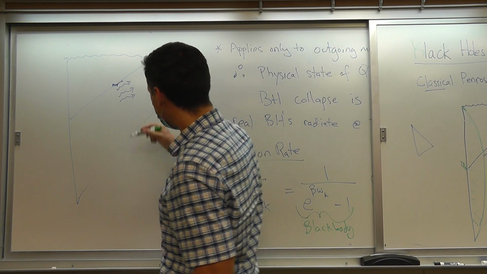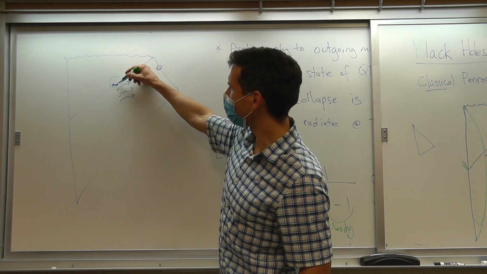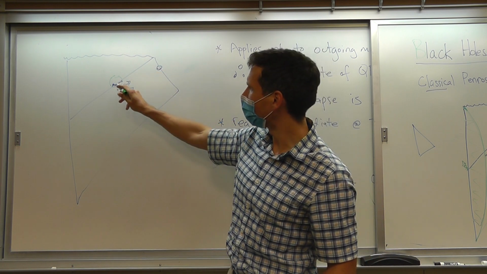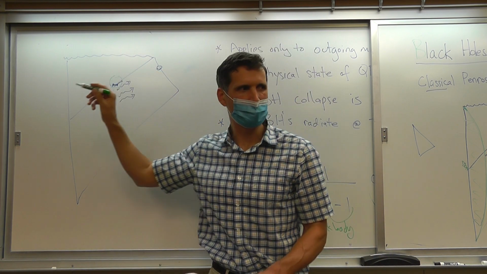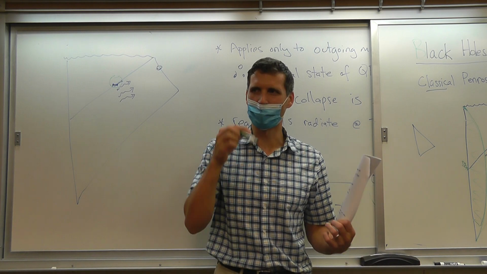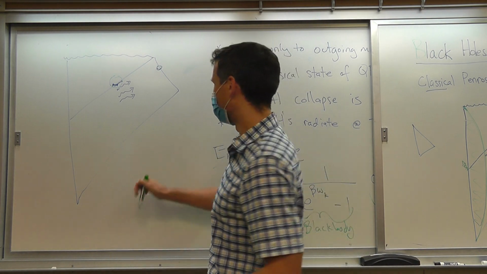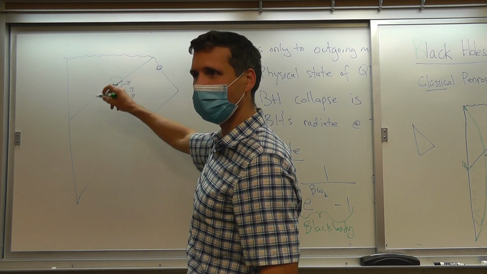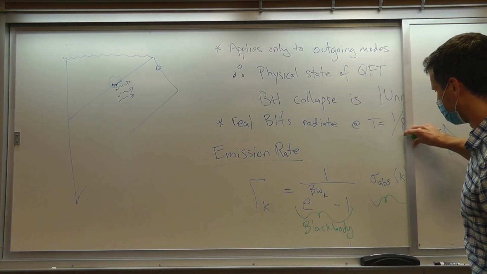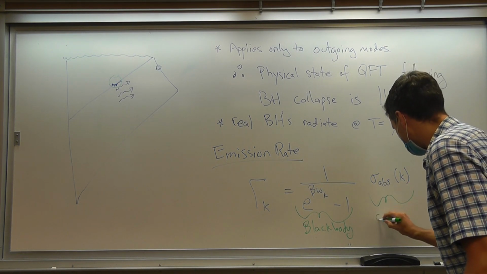It's perfectly black body if we go in this region here, but these modes are still near the black hole, and they need to escape out to infinity. So that means that they have to do a one-dimensional quantum mechanics scattering from barrier problem, like you've done in your quantum classes. So you have to solve this scattering from the barrier problem, and there's a transmission probability for escaping, which is equal to the absorption probability. It's usually written as absorption, but it's equally the transmission probability. This is called the Graybody factor.